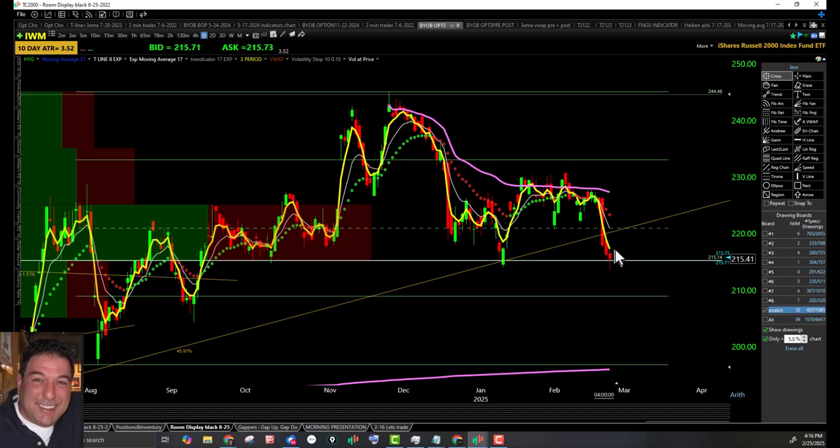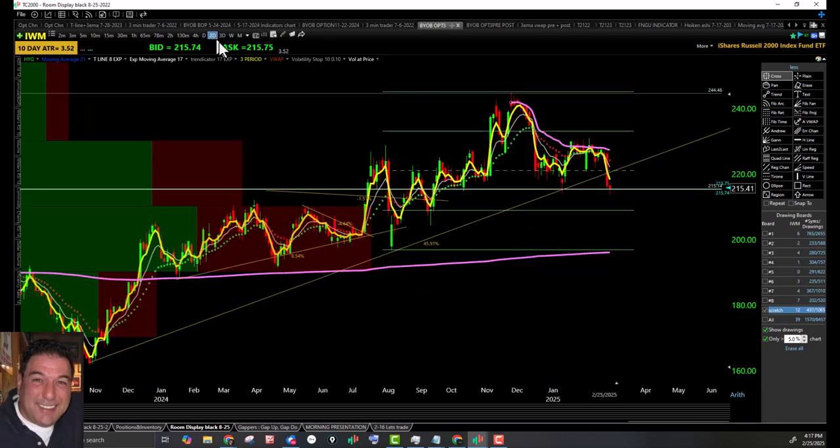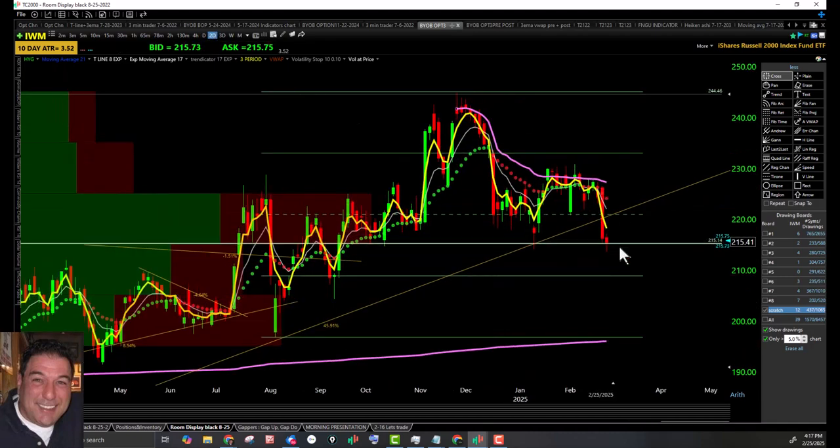I got to say, IWM is one of those charts that, because it's such a wild and whippy one, should be viewed on the 2-day if you want to get a good read on it. I'll just put on the 2-day so you can see. On the 2-day chart, that makes this the rubber band candle right here.